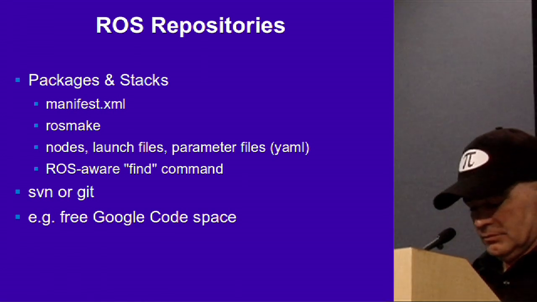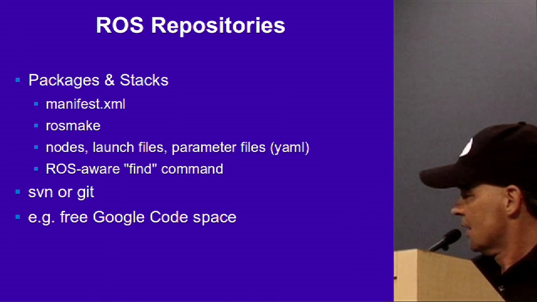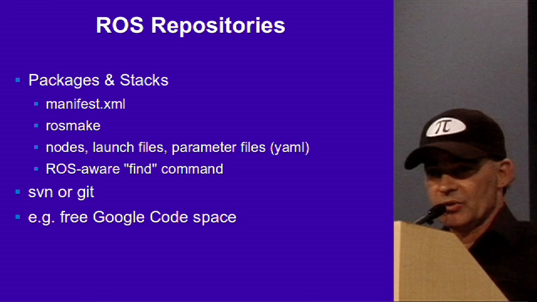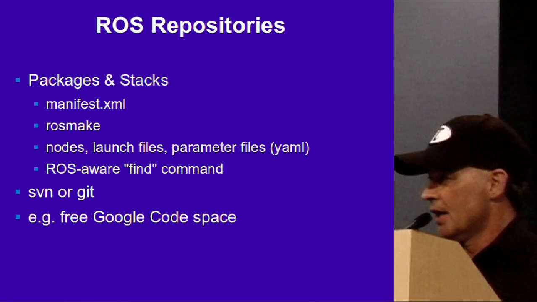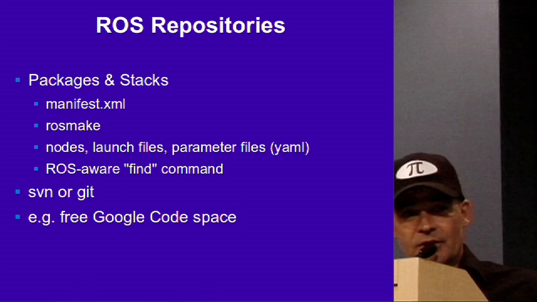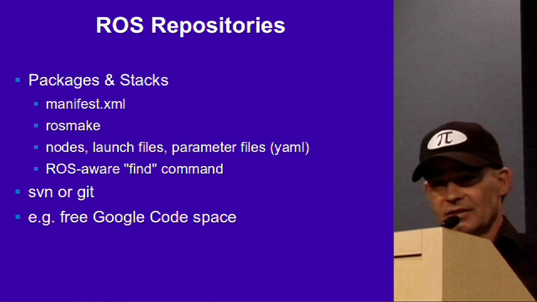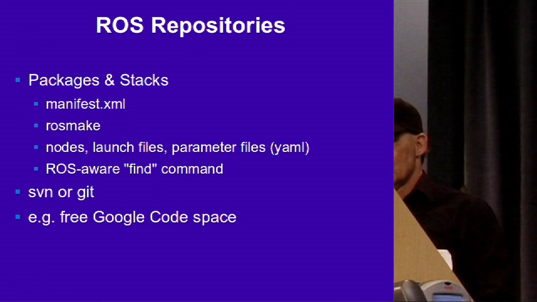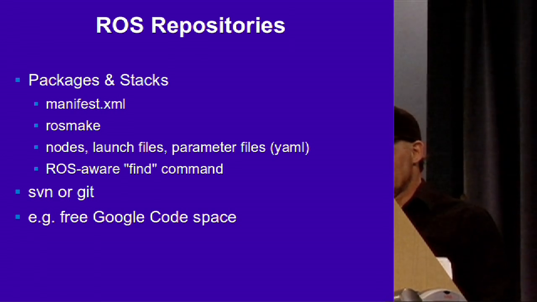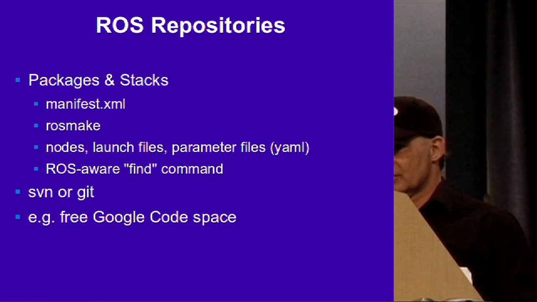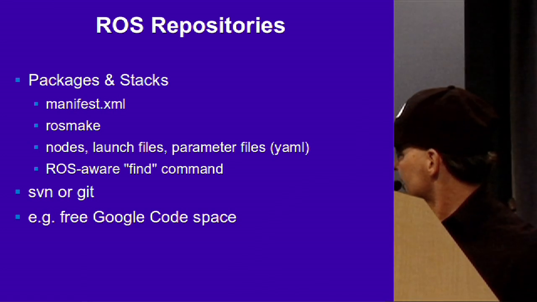And packages are defined as a collection of nodes that someone's providing. There's a manifest file, and there's a command called rosmake that will automatically build all the files in the package that person's providing, as well as any dependencies that package may rely upon that you may not already have. It'll go out and get them and then install them for you. So it's pretty hard to go wrong there.